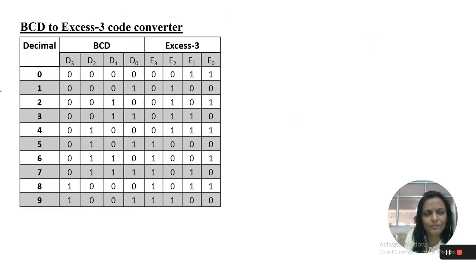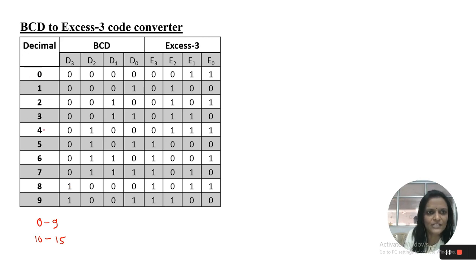Here I have prepared the BCD to XS3 code converter truth table. The first column represents the decimal numbers 0 to 9, because we know that in BCD the range is from 0 to 9 only. That means 10 to 15 are not considered here. They will be considered as invalid numbers or don't cares in the K-map, as I explained previously.